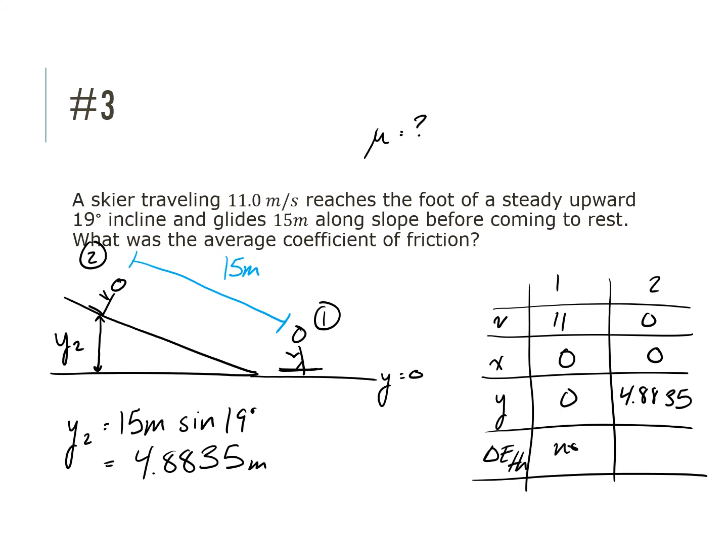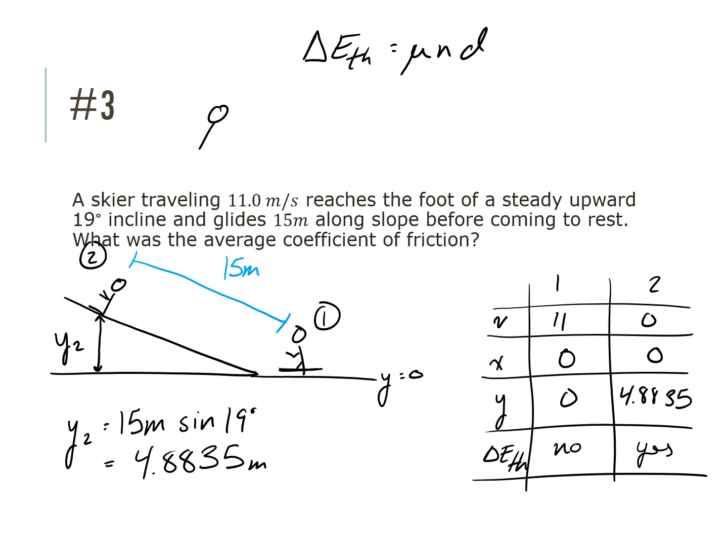We don't have any thermal energy at point 1, but we do at point 2. So the equation that we have for thermal energy is going to be mu times the normal force times the distance that we travel.